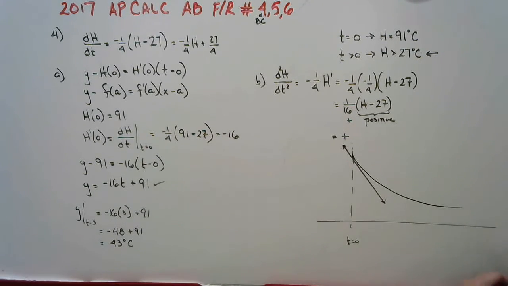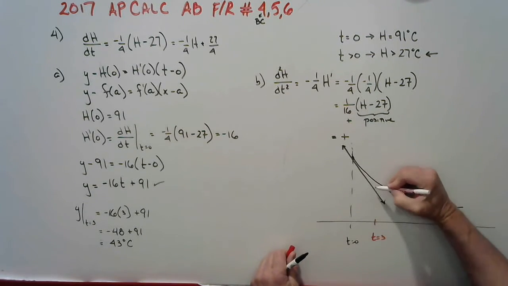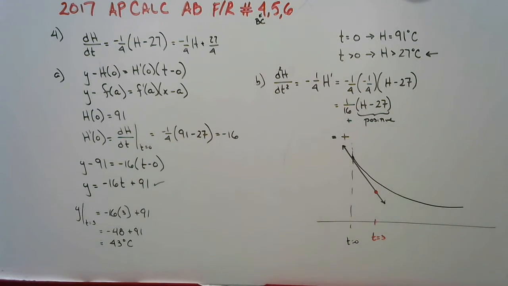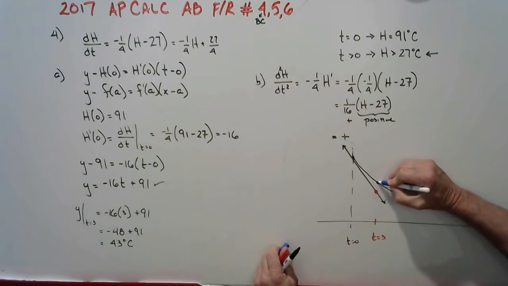And then we used that over here at t equals 3. We used the tangent line value to approximate. What they're asking us is, how does that compare to the actual functional value?